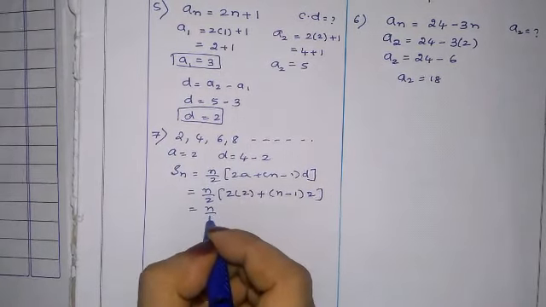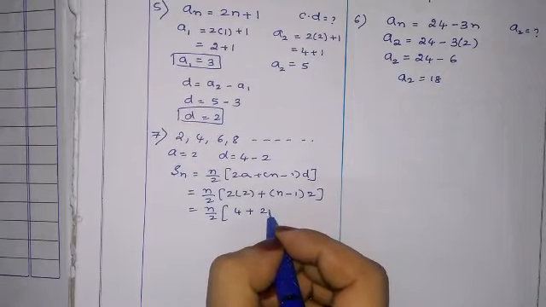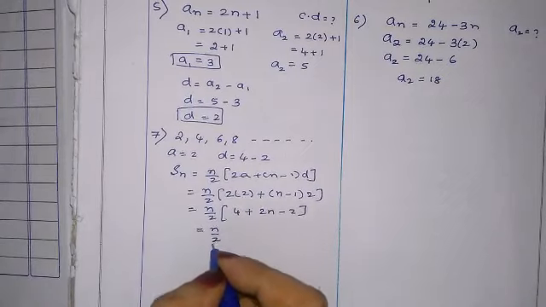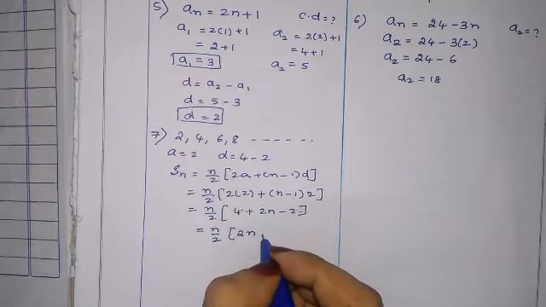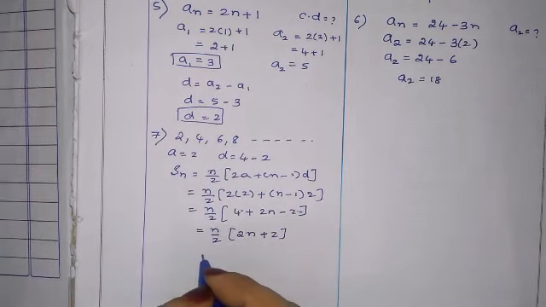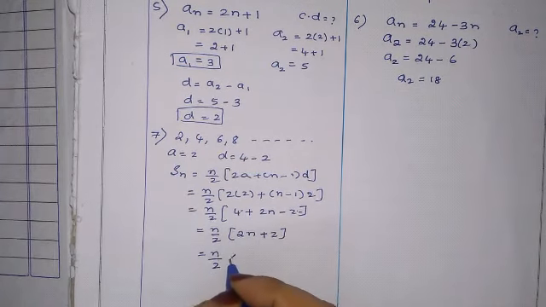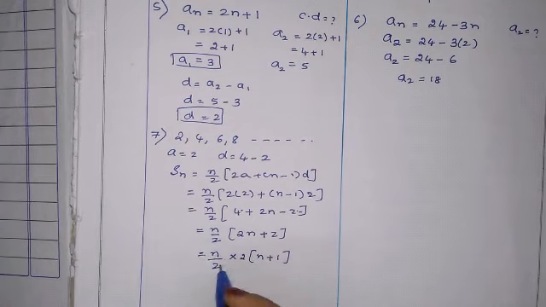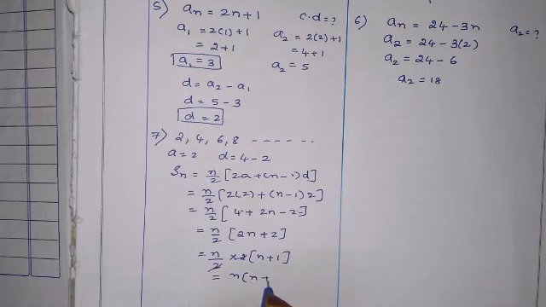So n by 2, 4 plus 2n minus 2, which is n by 2, 2n plus 2. We take 2 common. n by 2 into 2 common, what is left is n plus 1. The 2 gets cancelled and we get the answer n into n plus 1.